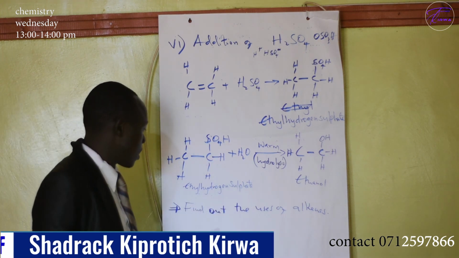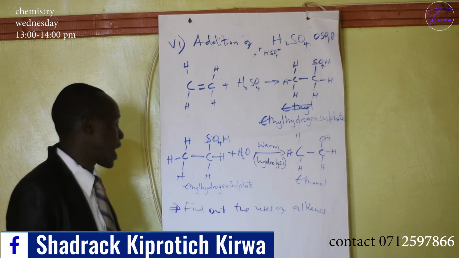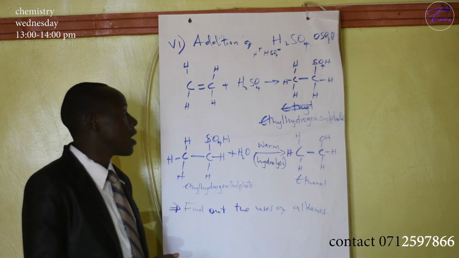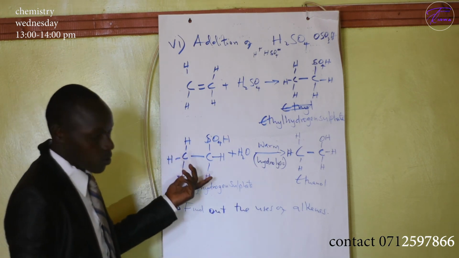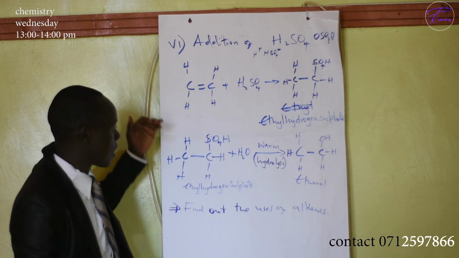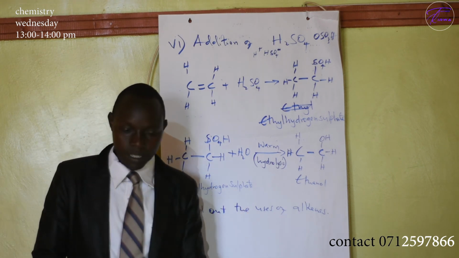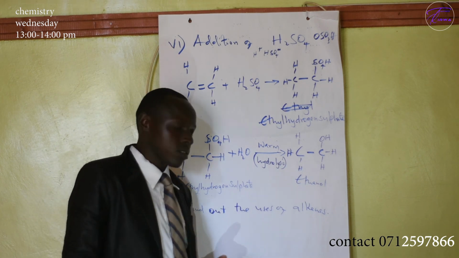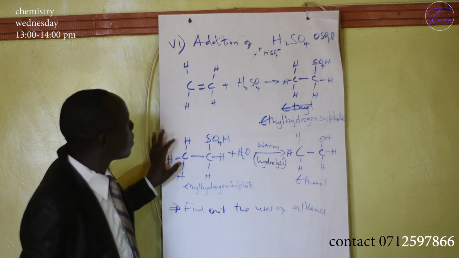So that is our lesson, and those are the chemical properties for alkenes, and they are 6 in number, actually 7, because the first one was combustion. Then we have 6 addition reactions. You find out the uses of alkenes, and I think we shall be okay.